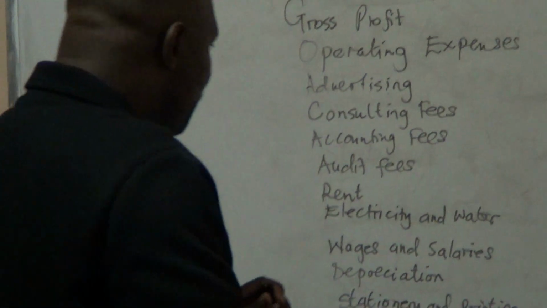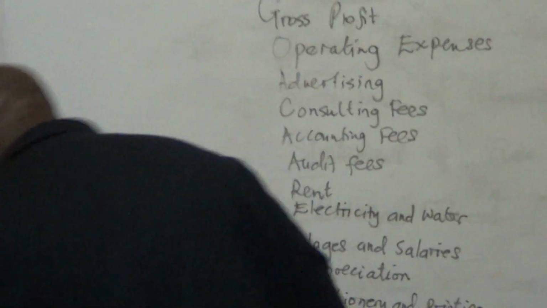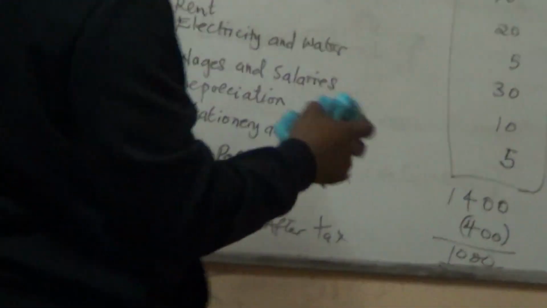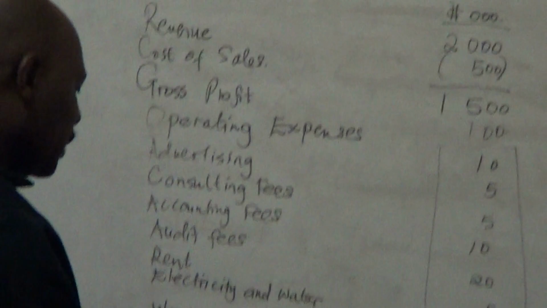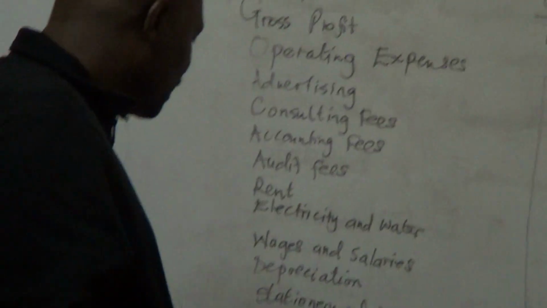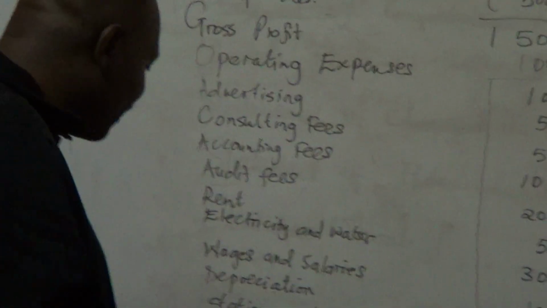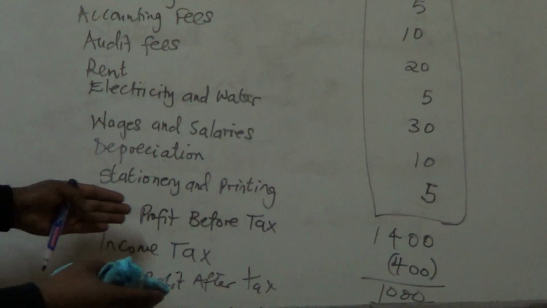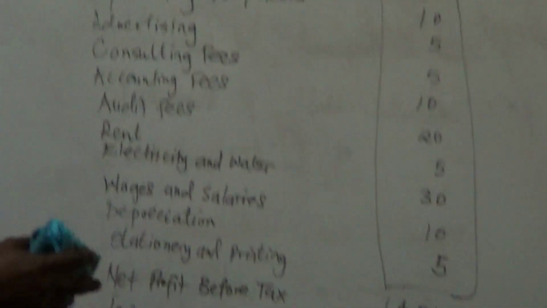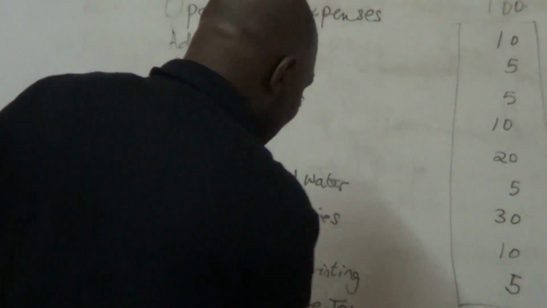Right? When you're preparing an income statement for publication, it is going to be a little bit different from this income statement. This is very simple. We also haven't assumed that you are paying interest, so you don't have finance charges. If you have finance charges, then you're still going to deduct your finance cost to get your net profit after interest and tax.